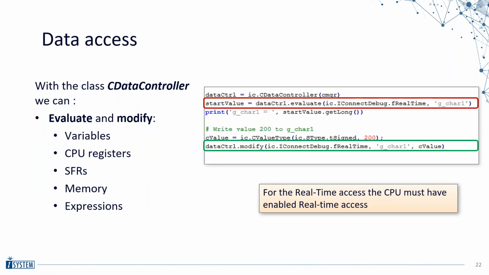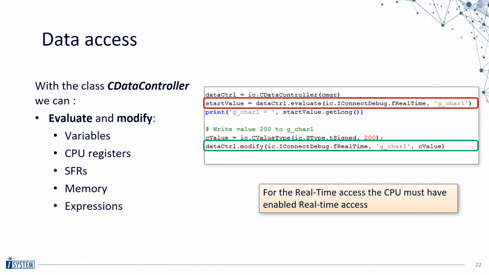The next very important class that is also included inside debug facade is the so-called data controller. With the data controller, we can access the variables that are part of the debug symbols, meaning variables, CPU registers, SFR registers, meaning special function registers of the CPU, raw memory, and we can also access expressions.